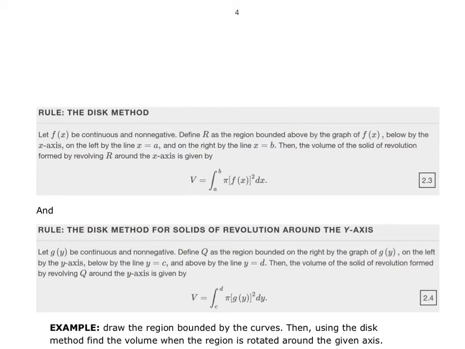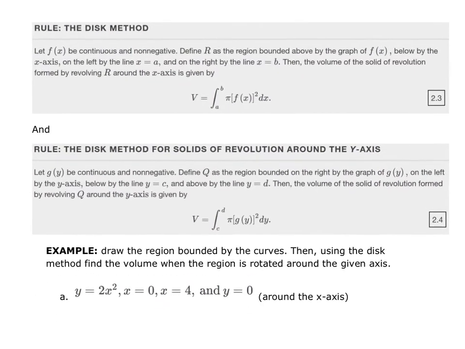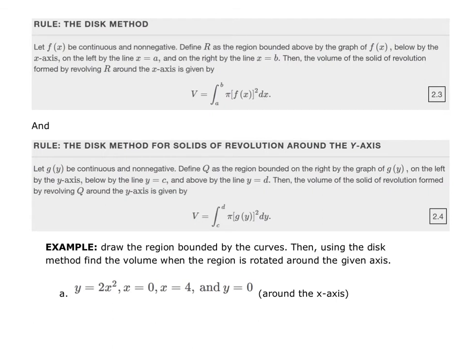If you are revolving around the y-axis, the only thing that changes is that you now have c to d, which are y values. Your function is going to be with respect to y, and you're going to integrate with respect to y. So if they're telling me which axis to go around, then I'm going to go around that particular axis, and I'm going to use either the y's or the x's.